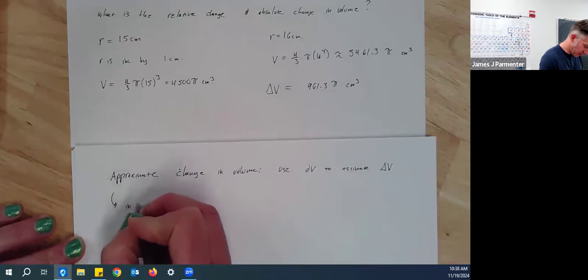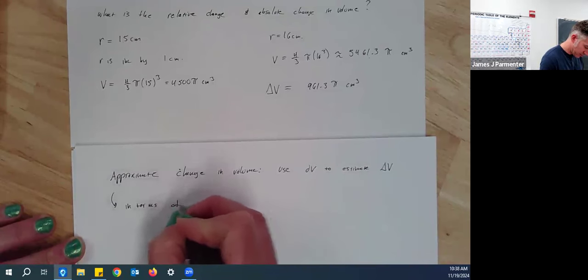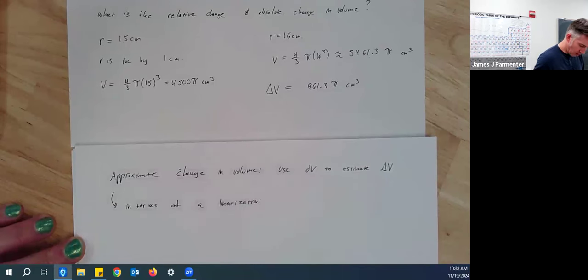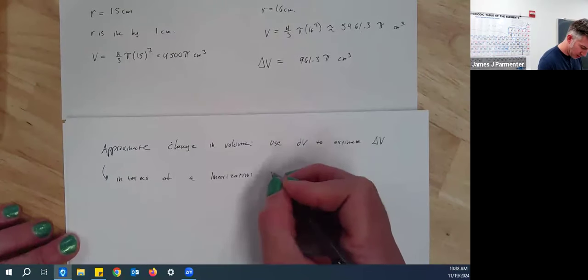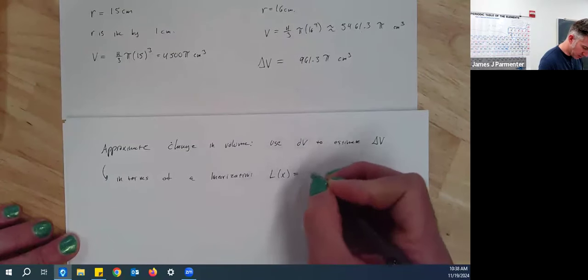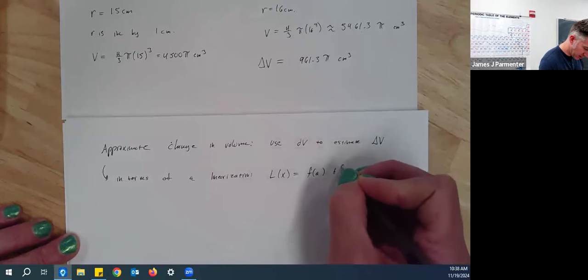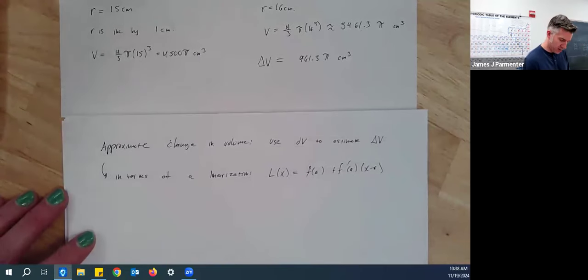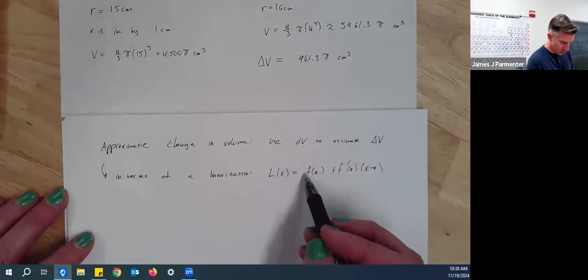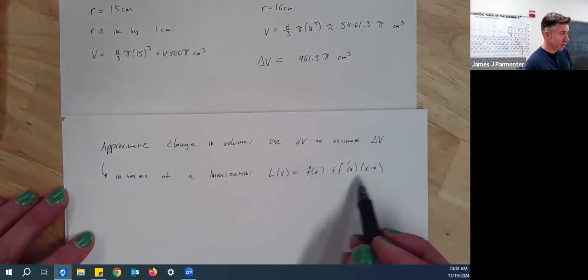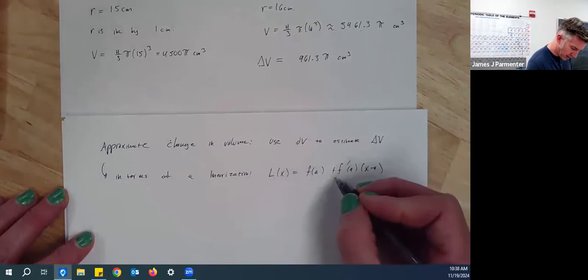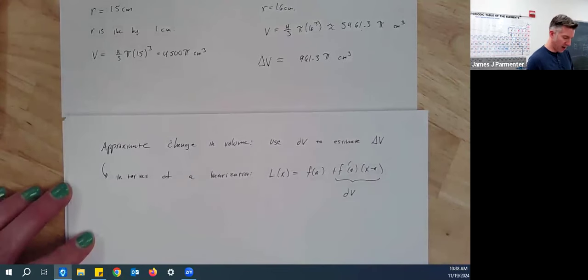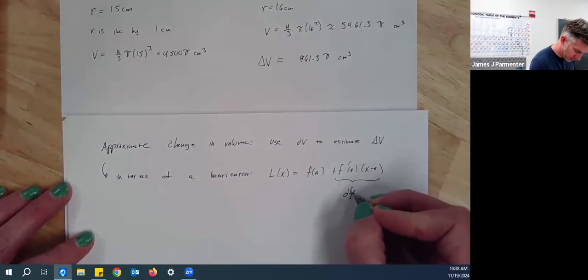In terms of the linearization, our linearization usually looks like this formula: L of x equals f of a plus f prime of a times x minus a. Here's the value you're estimating, here's the old y value, and here's how much it's changing by. This part right here is your differential dV, or I actually say df because I'm using f here.